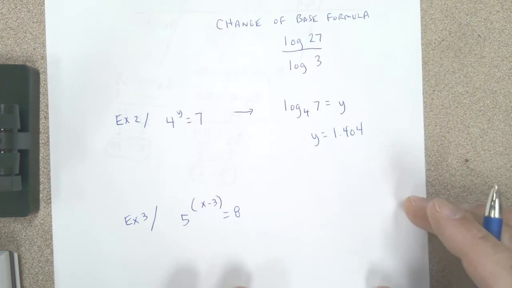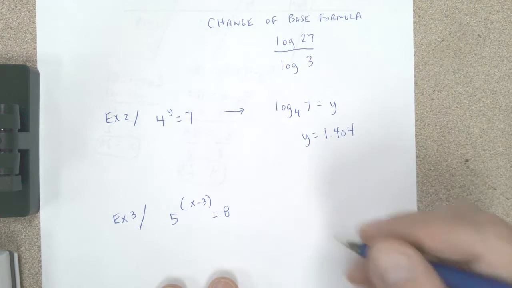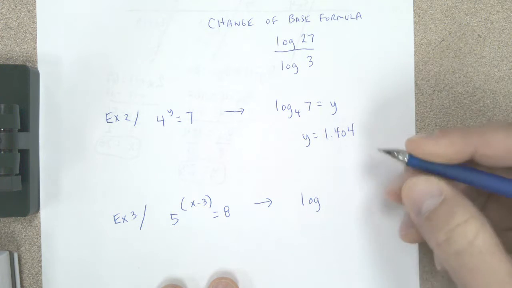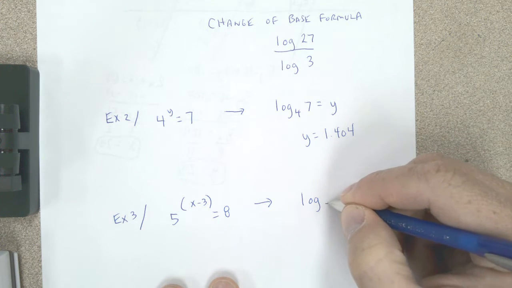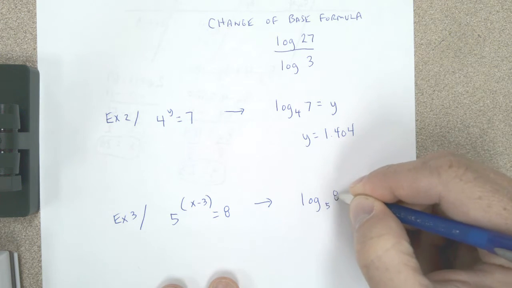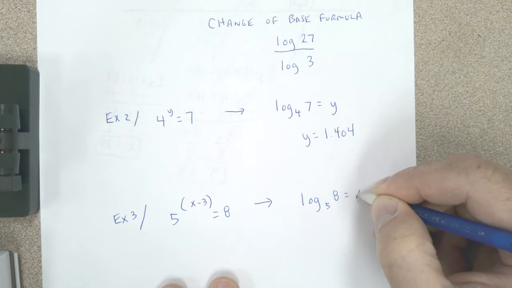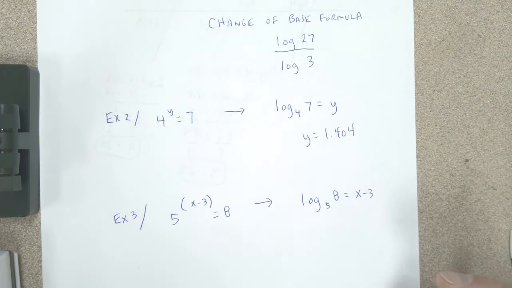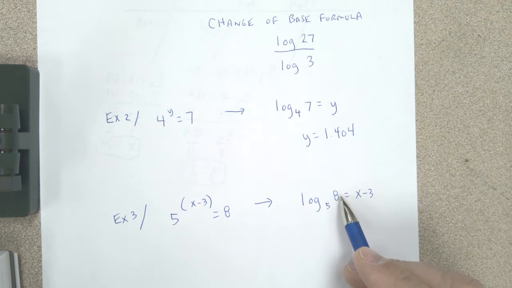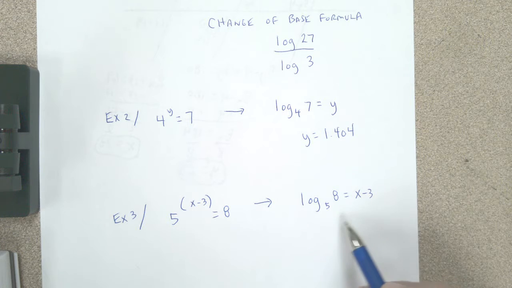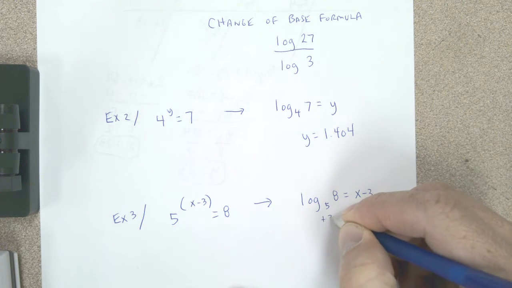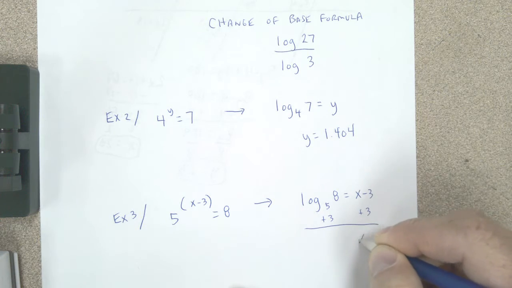Again, if I'm going to change that to log form, I'm going to say this is log base 5 of 8 equals x minus 3. Okay, so basically to solve this, I'm going to do the log base 5 of 8. And then to get x by itself, I then have to add 3 to that. So if I add 3 to that, that's going to give me my x value.